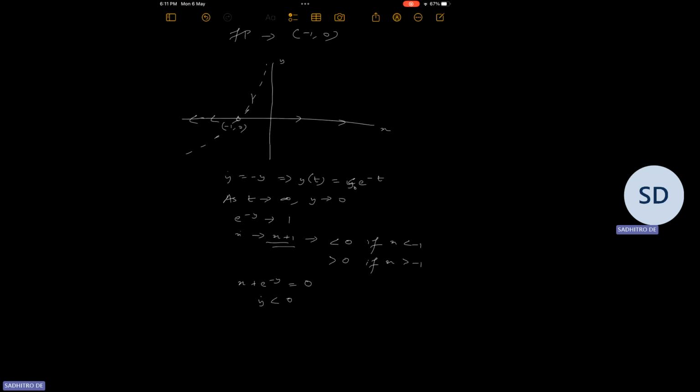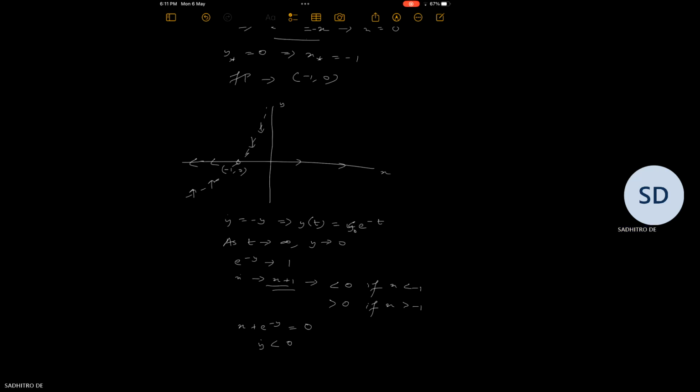Therefore, the solution will be vertically downwards in this direction. Similarly, when y is negative, the solution is vertically upwards along this line. So this tells us that the flow would look somewhat like this. It will come from the top like this, and it will tend to approach this direction like that.